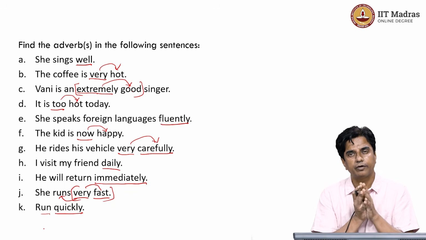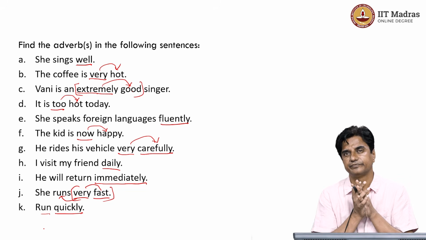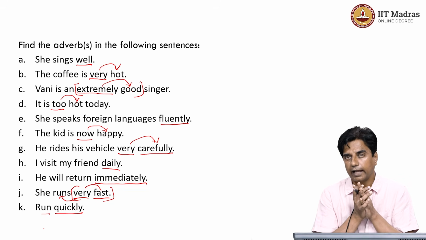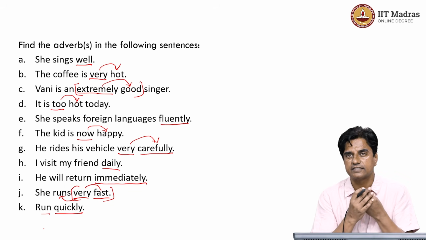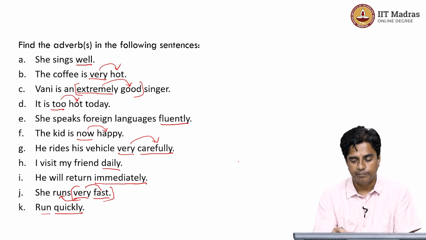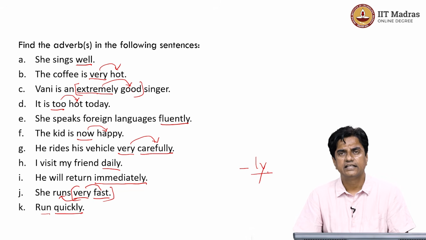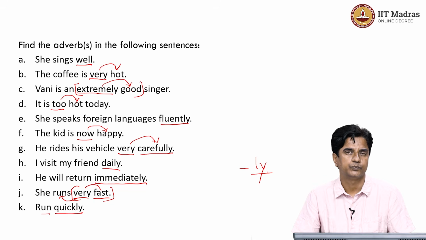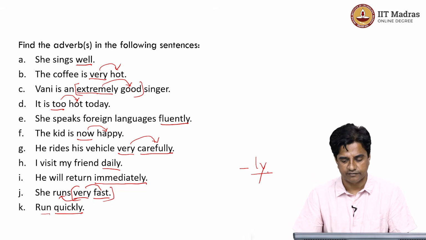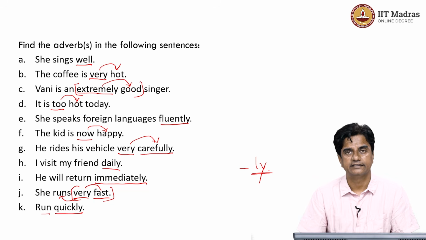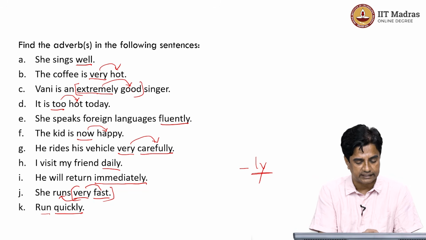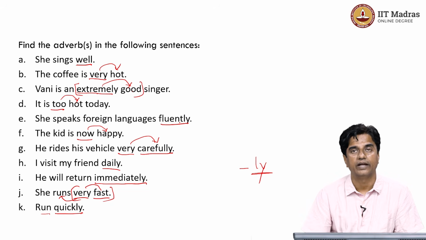Usually when we look at our prescriptive grammar books, and sometimes for the sake of simplicity, people tell you words ending with this are adverbs, which is partly true, partially true. Some adverbs do end with this kind of thing, that is ly. You see, quickly, immediately, carefully, fluently.